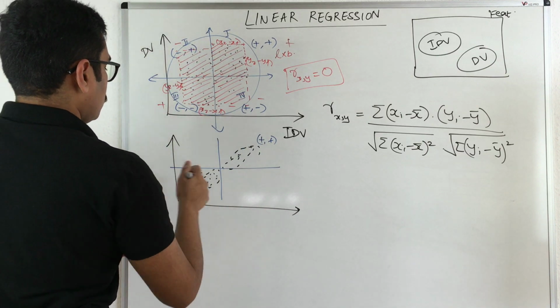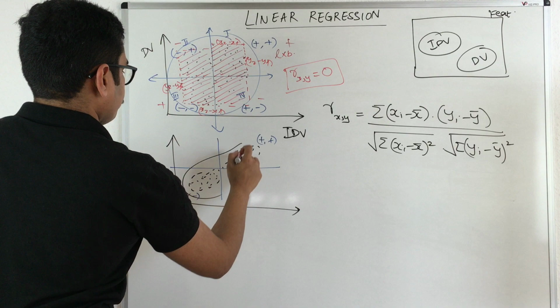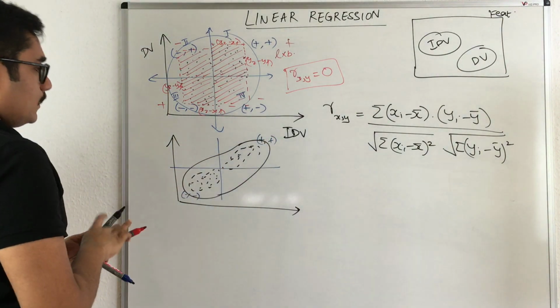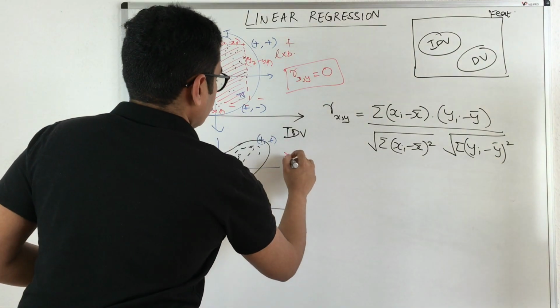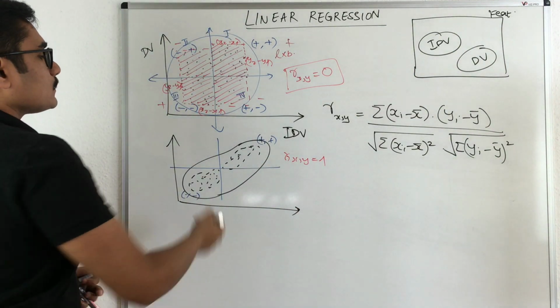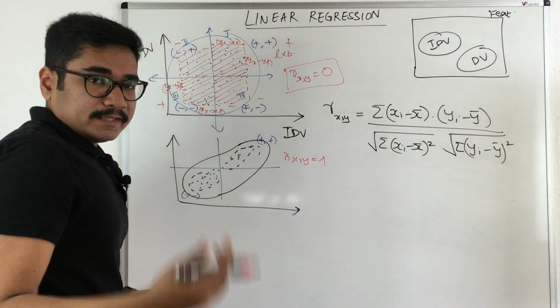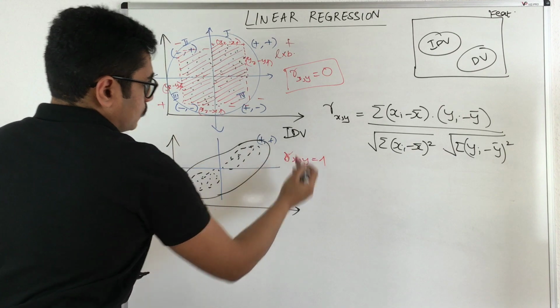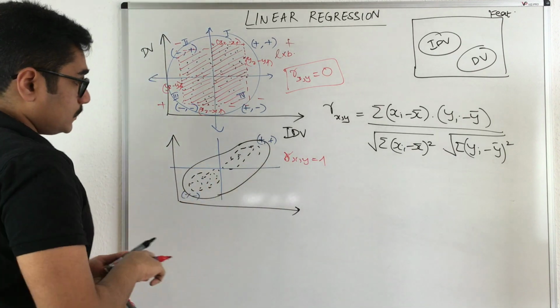Now this is your area. By this, if you estimate, your Pearson coefficient Rxy comes out to be 1. This means when the x value is increased, the y value is also increasing accordingly with it. So that means you have a positive correlation.